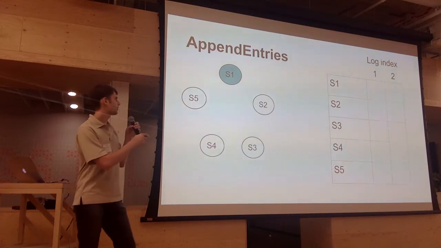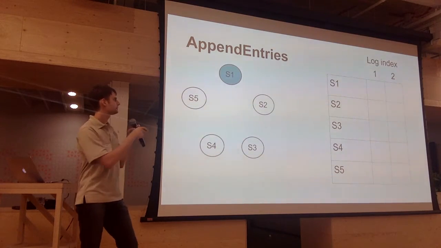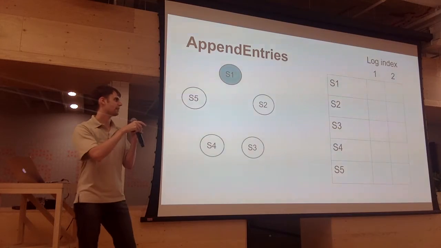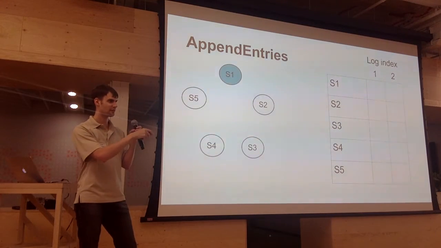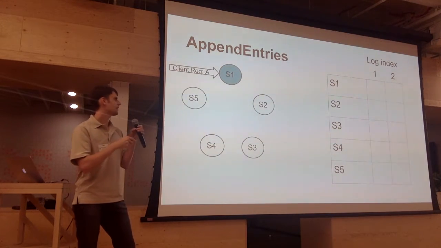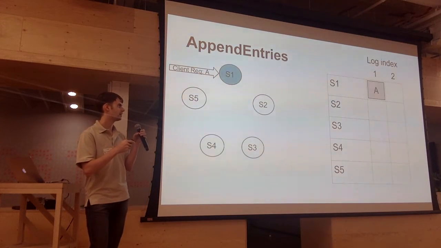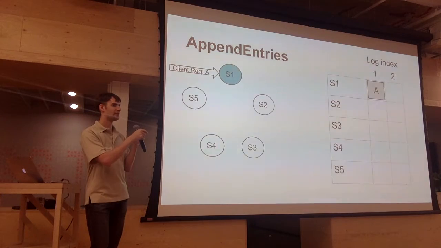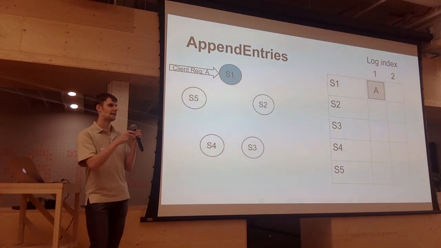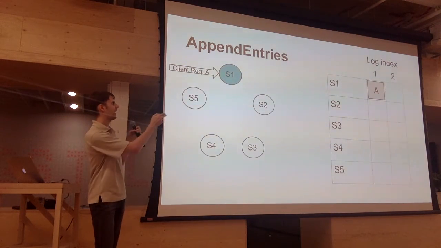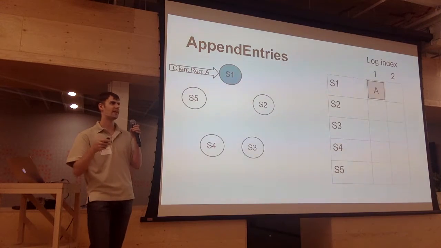So server 1 is the leader. On the right-hand side are the log entries for all the different servers. Let's say a client request comes in. First, we append it to our log, and I'm going to use gray for things that are appended to the log but not yet committed, and green for committed. A is just an arbitrary piece of data that the client is writing.